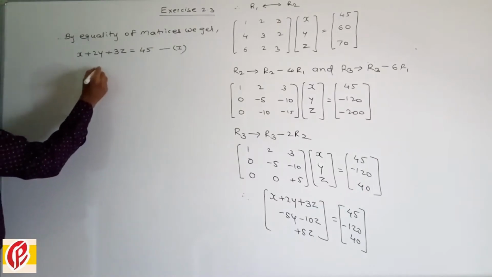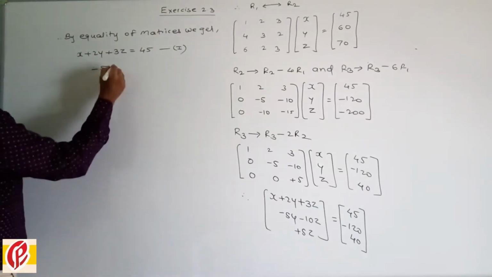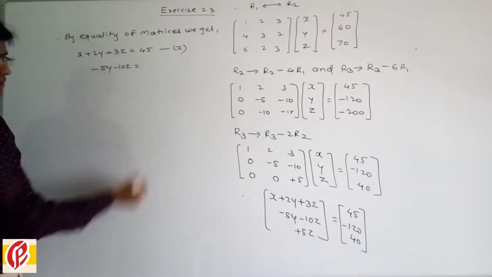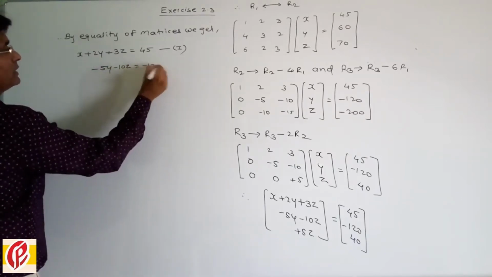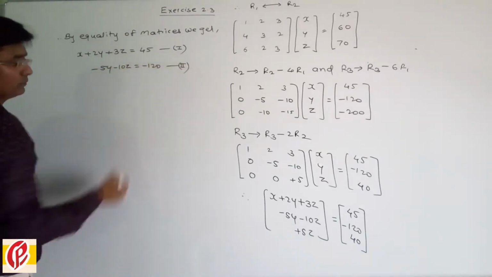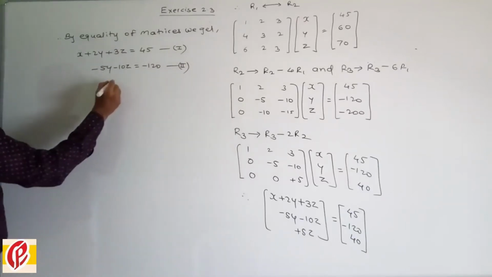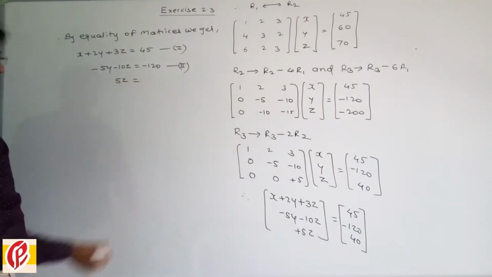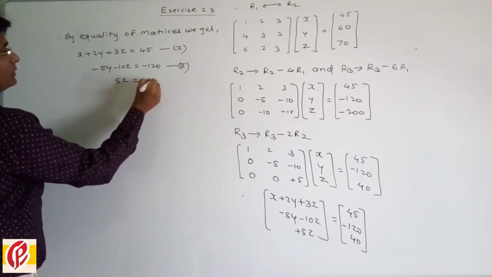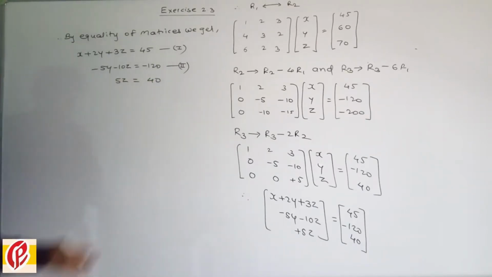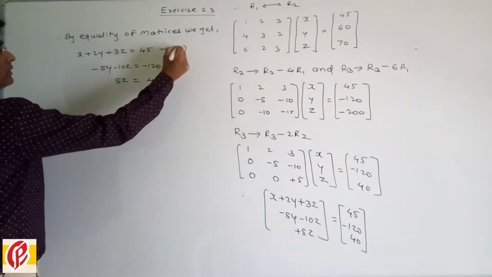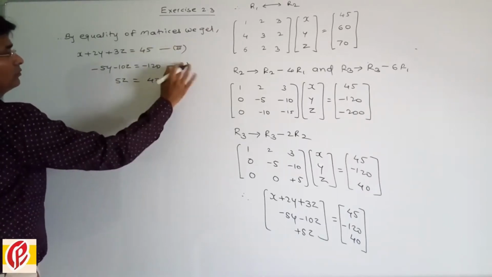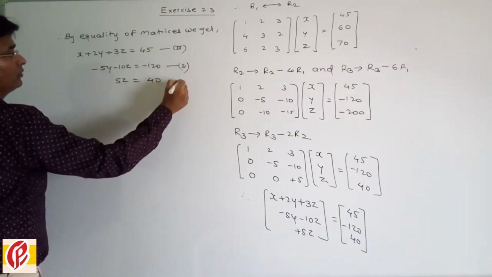Then minus 5y minus 10z is equal to minus 120, equation number 2. And 5z is equal to 40. This is equation number 1, 2, 3, 4 and 5.